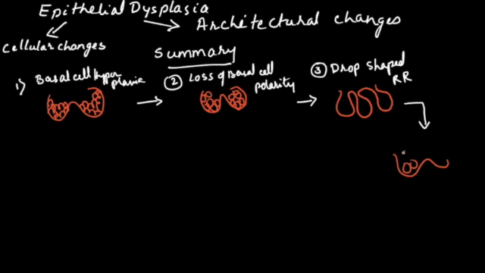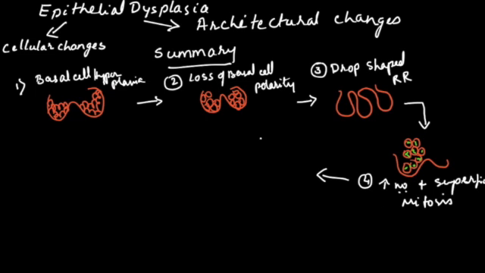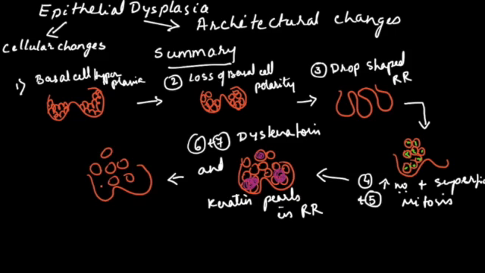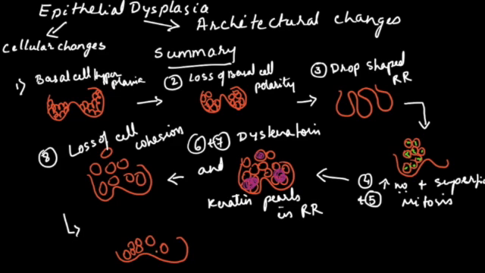And because there is so much proliferation happening, which is basically increased number of mitosis, abnormal and superficial mitosis. Because there is so much proliferation and mitosis, there is definitely prematurity of the epithelial cells. So here it is the 6th and 7th feature, that is dyskeratosis and keratin pearls in retroridges. Then the feature which is the loss of cohesion. Here is the loss of cohesion, and the final one, because of loss of cohesion, we have loss of epithelial stratification.